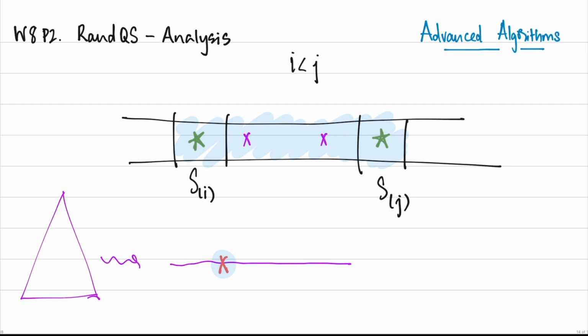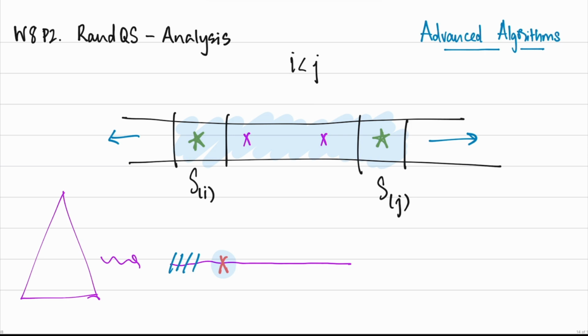If it is one of those two elements, then I know for sure that Si and Sj are going to get compared, because all the pivots that have been chosen prior to this marked element were all either to the left of Si or to the right of Sj, as in they were either ranked lower than Si or higher than Sj, because that's just by definition. The marked element is the first element in this permutation from the blue range, so everything that came before was certainly out of this range.